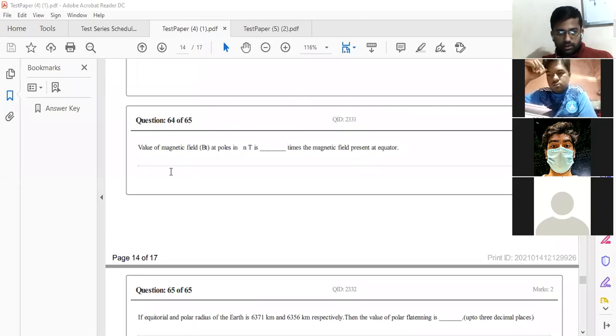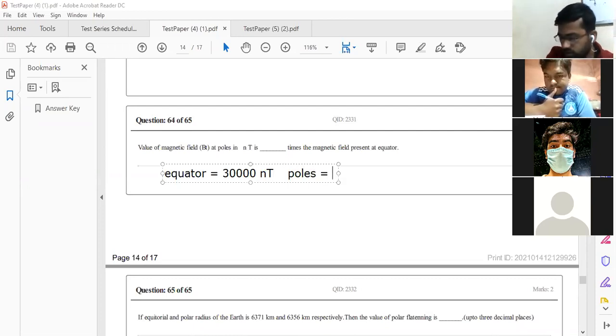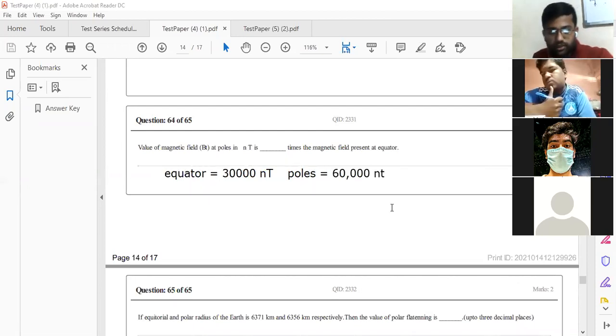So see, magnetic field at equator is 30,000 and at poles 60,000 is the standard value.